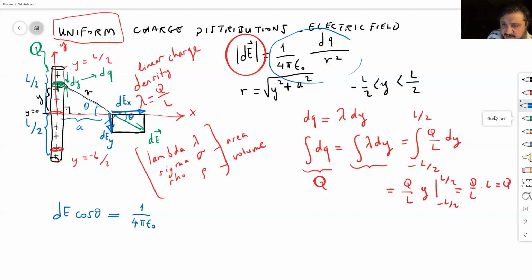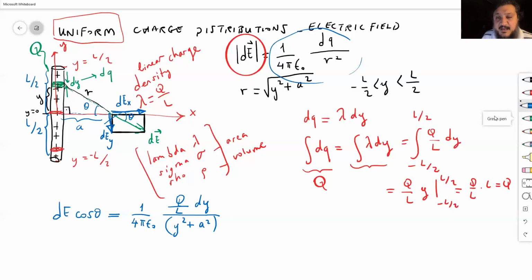For now, let's just write Q over L. So Q over L times dy. Okay, so lambda is Q over L, lambda times dy, divided by r squared, which is y squared plus a squared. All right, that is the square of r, but I need to multiply this by cosine theta.